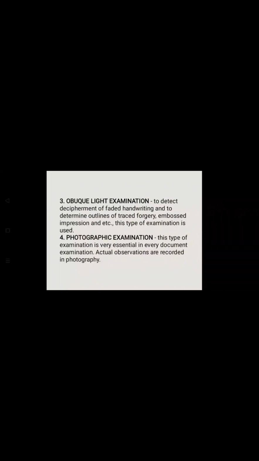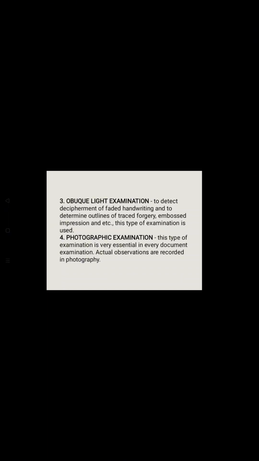Next is oblique light examination to detect decipherment of faded handwriting and to determine outlines of traced forgery, embossed impression, and etc. This type of examination is used. So there is an oblique light examination.